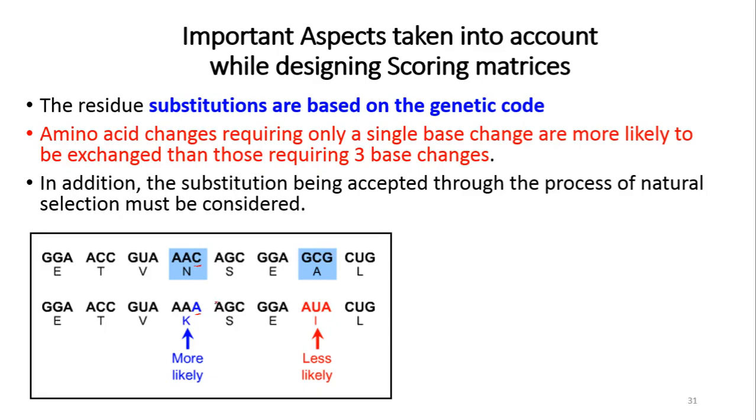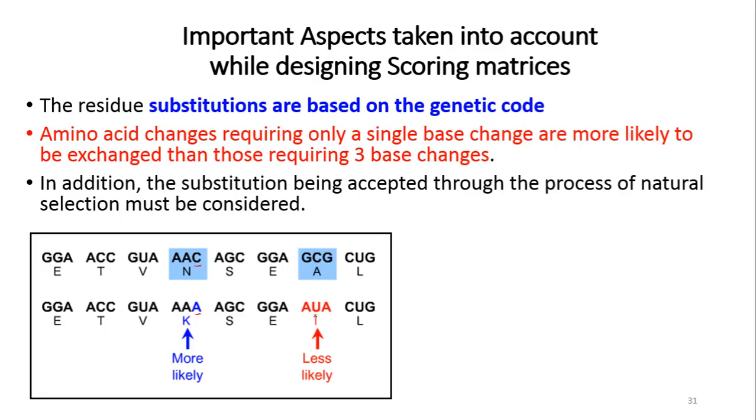In contrast, now consider this next example. In the case of this alanine, which is coded by the codon GCG, it is least likely that all three nucleotides in this codon will mutate at the same time, at the same location, to AUA, which would result in substitution of A with I, that is isoleucine.